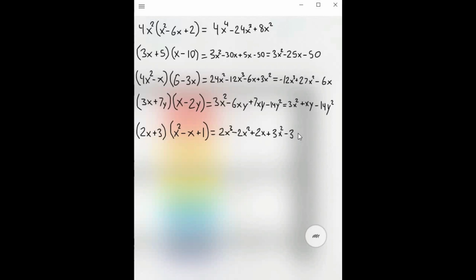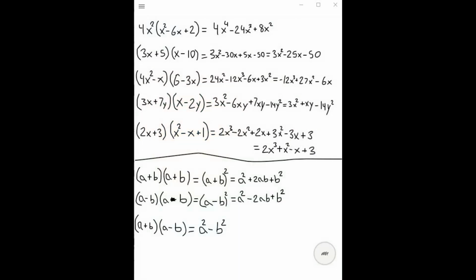This is very important to understand. Feel free to pause or slow down the video if you feel as though I'm going too quick. Then we add like terms. And we're left with this.